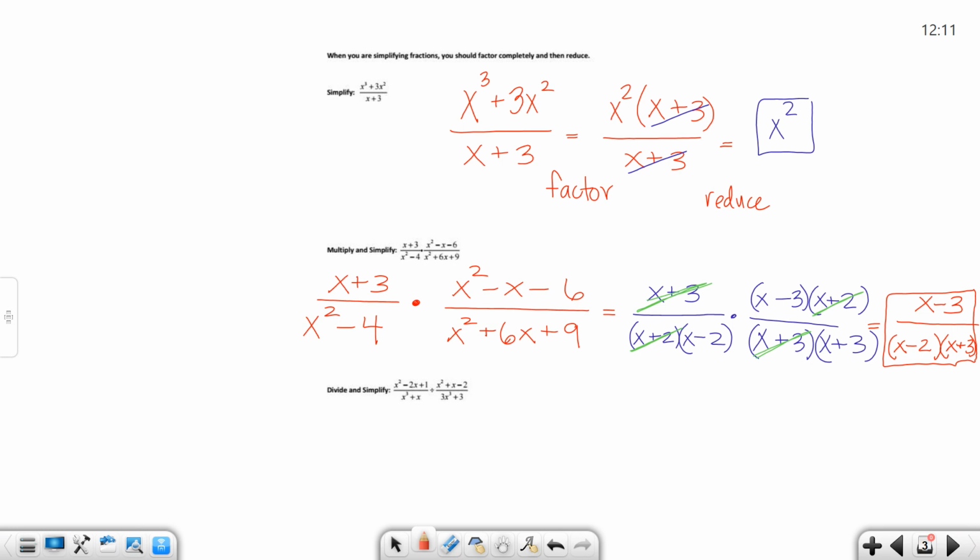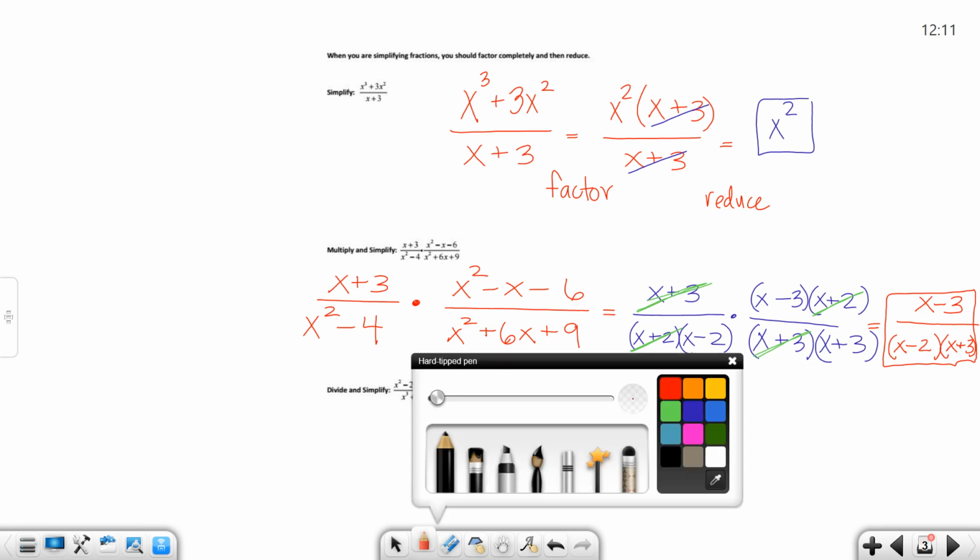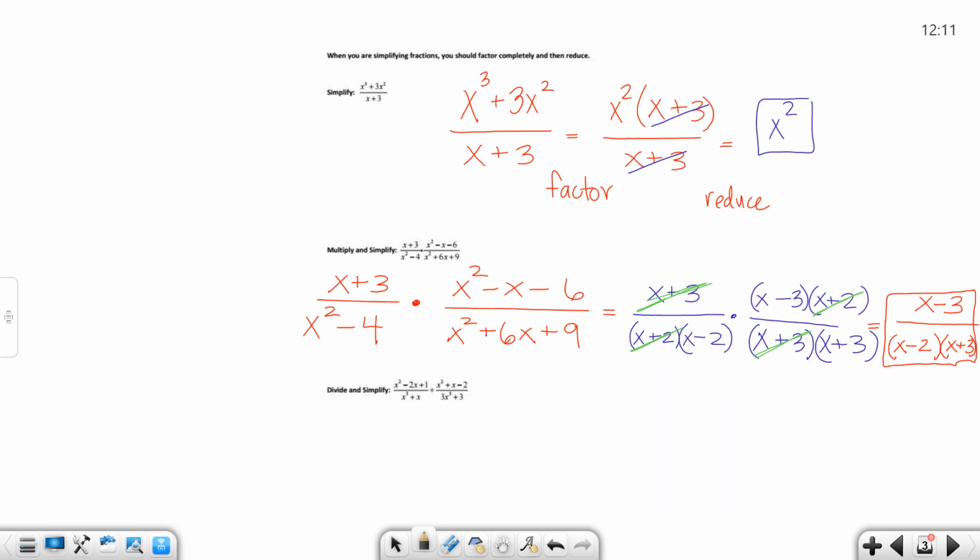Okay, looking at this last one, it's divide. And what you have to remember about divide is when you're dividing two fractions, you keep, change, and flip. So I'm going to keep this first fraction, x squared minus 2x plus 1 over x cubed plus x. I'm going to change it to multiply.